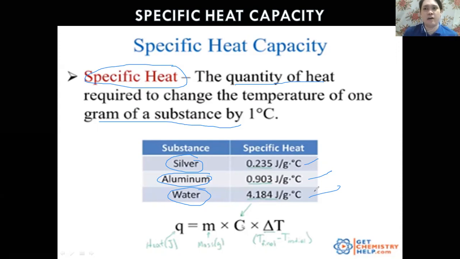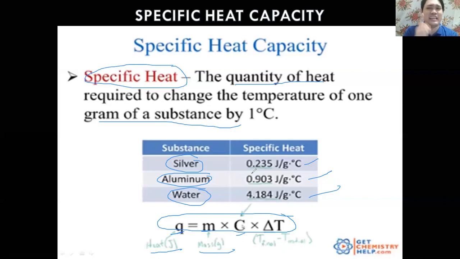Class, we can now describe specific heat capacity by looking at this equation, or it can be solved using this equation. Q is equal to M times C times change of T, where Q refers to your heat measured in joule, M refers to your mass, which is measured in gram, and C is the specific heat capacity, which is given.